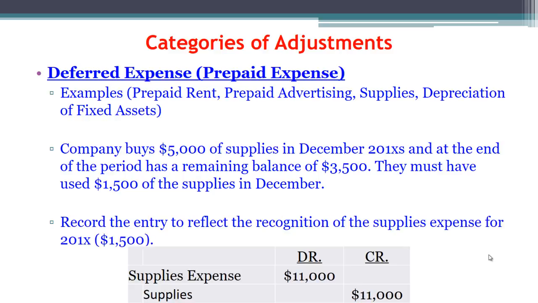And then at the end of the period, we have to record the actual incurrence of the expense to show what we've used up. So we would debit supplies expense for $1,500, credit supplies for $1,500, and we're good to go. We've increased the expense, we've decreased the supplies asset.